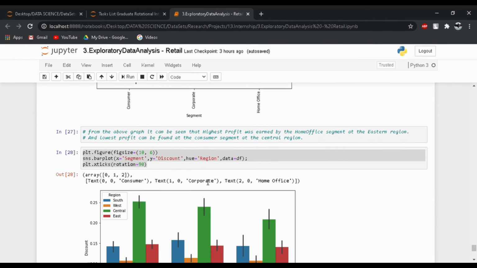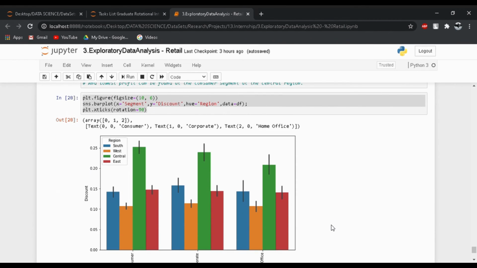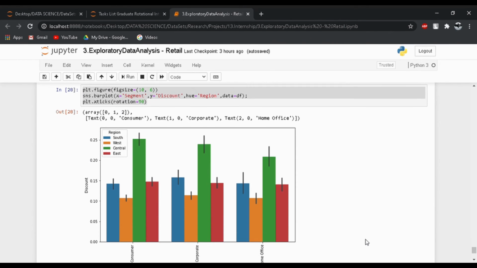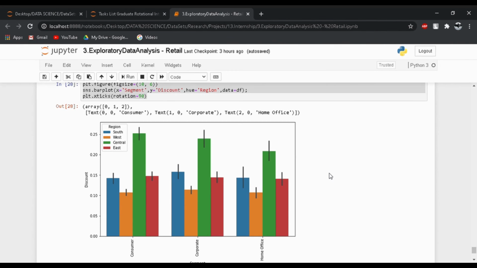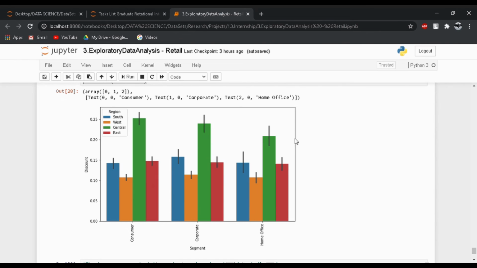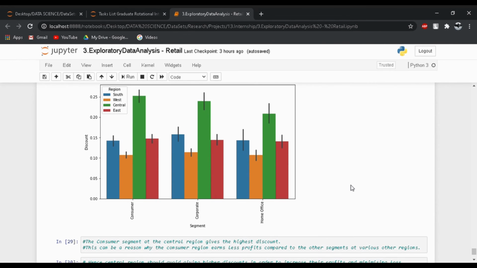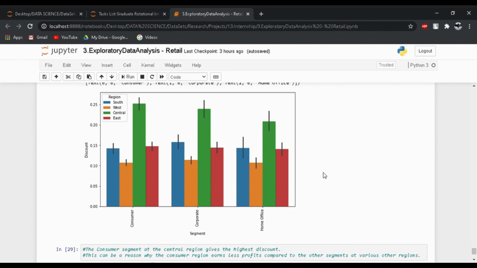All right, and over here I have another multivariate analysis. I've used segment on the x-axis and discount on the y, and in the key we have our region. As you can see, the consumer segment at the central region gives the highest discount. This is our consumer segment, and the highest discount is at the central region.